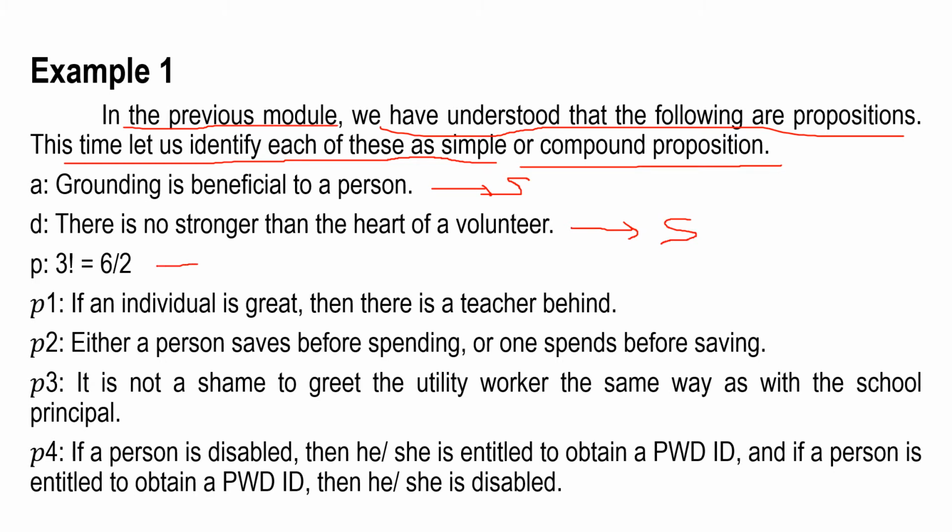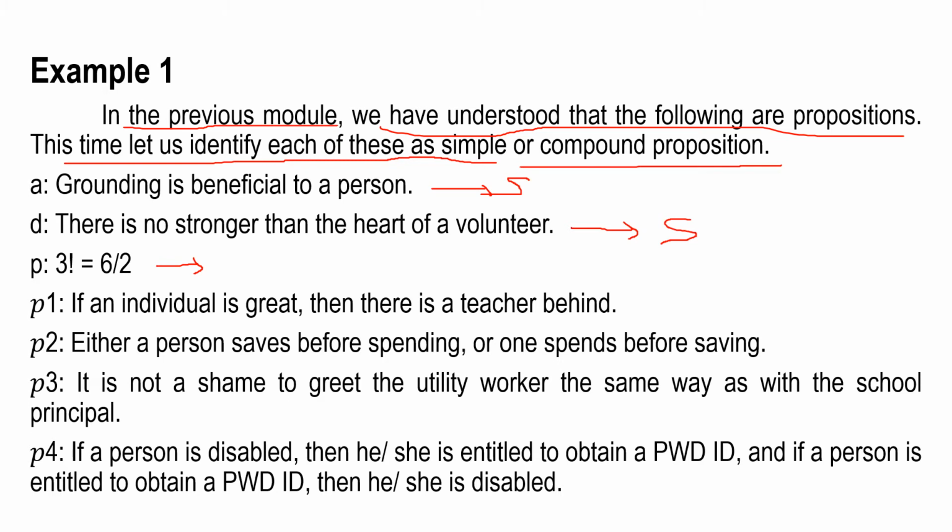And for the third proposition under P, 3 factorial is equal to 6 over 2. Even if this proposition is a false statement, it is still a proposition, because it can be a true statement. So we define a proposition as a declarative sentence or a statement that is true or false, but not at the same time true and false.